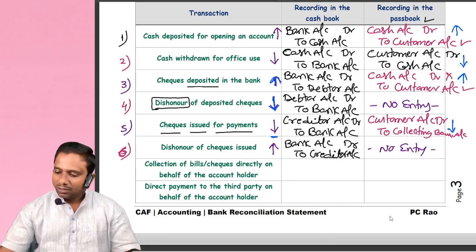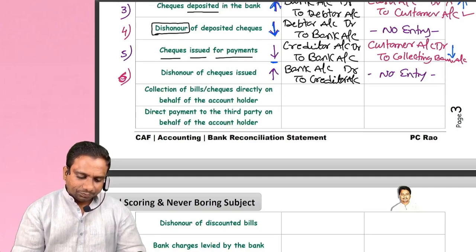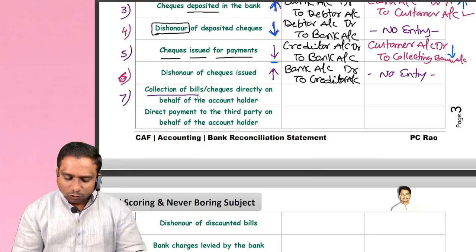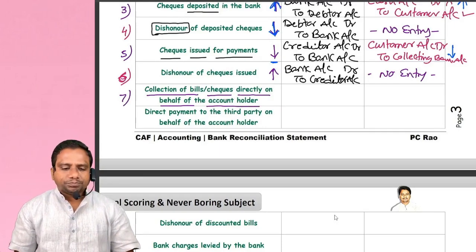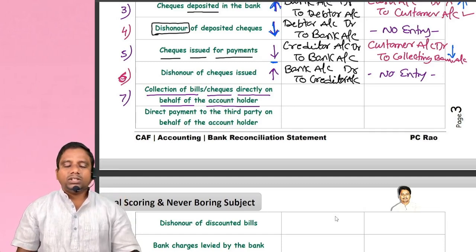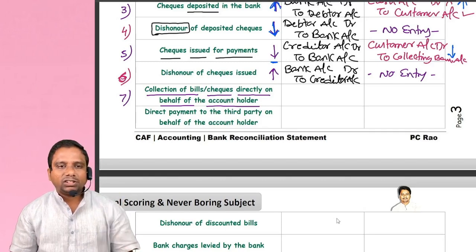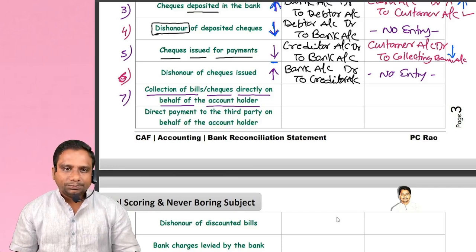Observe carefully. Next one, seventh: collection of bills or checks directly on behalf of the account holder. Sometimes we send bills to the bank for collection. In the bills of exchange chapter we discussed that we send bills to the bank for collection.